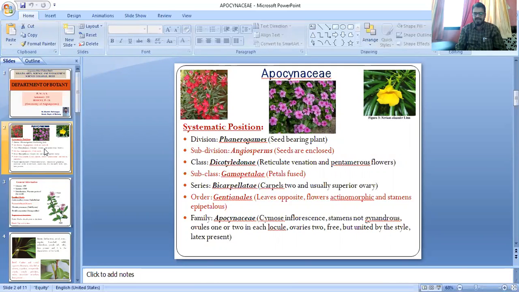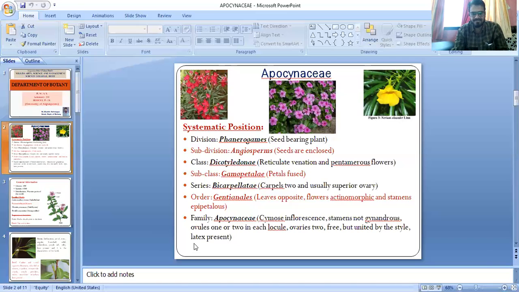Then we have to see syngenesious stamen, synandrous stamens, and gynandrous stamens. The definition of diadelphous stamen is that stamens are united in 2 bundles with the help of their filaments, and anthers are free.